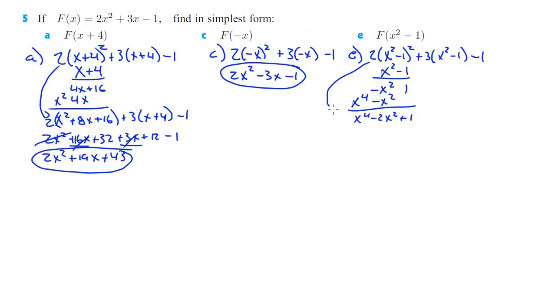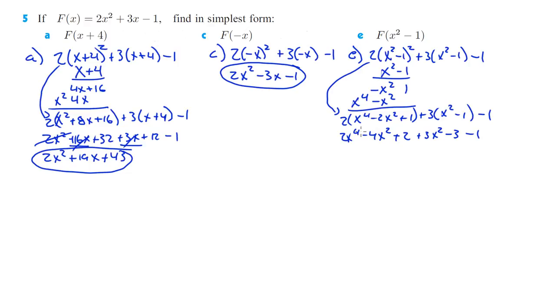And then remember to bring that 2 down out in front there too. So 2 times all of that plus 3 times x squared minus 1 minus 1. So distribute the 2 through and the 3 through. Distributing the 2 through gives us 2x to the 4th minus 4x squared plus 2. Distributing the 3 through gives us plus 3x squared minus 3 minus 1.